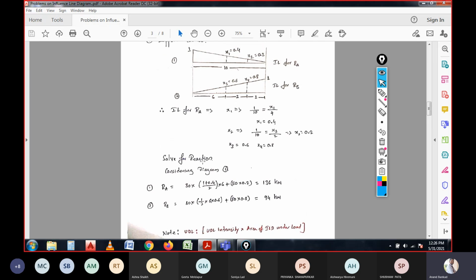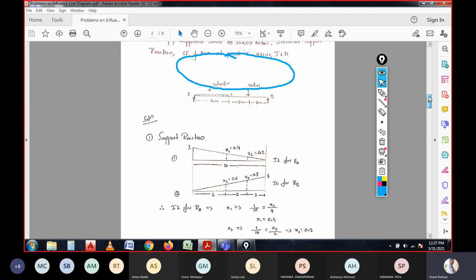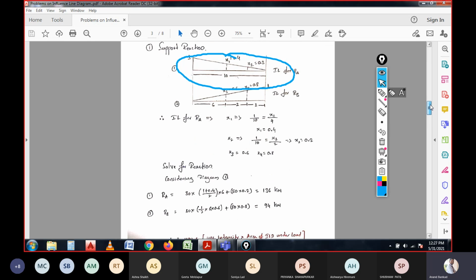So how do we calculate them? By referring to the first one. By referring to this diagram only, what I am highlighting, just refer to the diagram that is encircled here. And here 30 is the total load, that is a uniformly distributed load acting on a span of 6 meter.